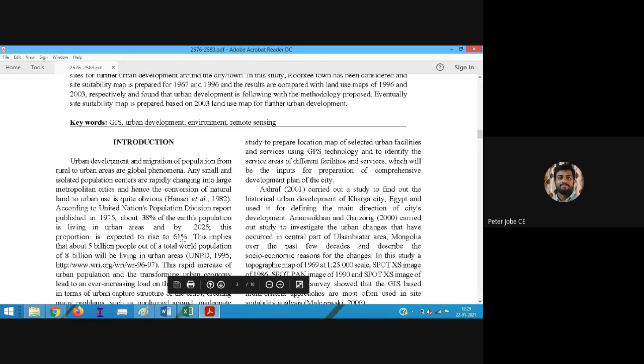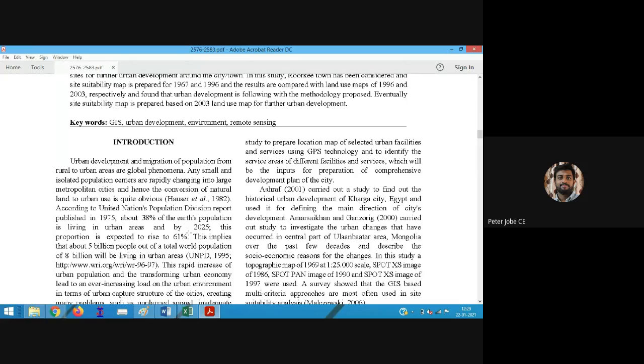In the introduction, they are talking about several references that they have taken from other journals in which some predictions were done on the population within a span of some years.